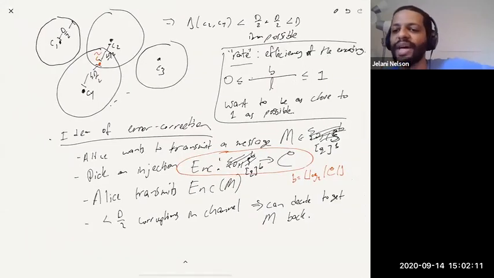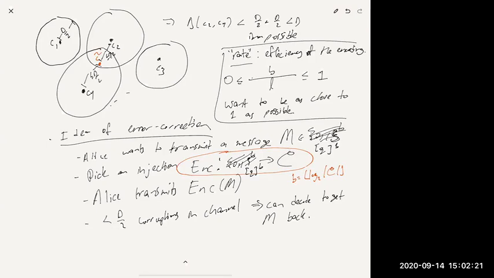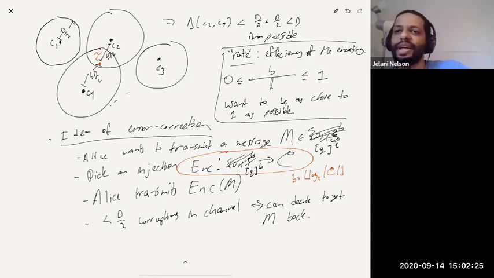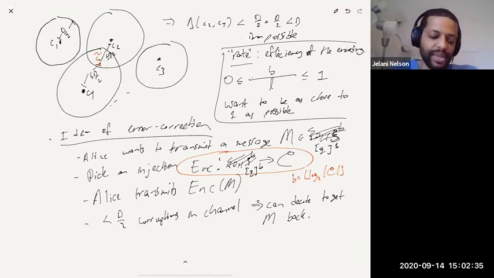The point is I have this collection B_QL of sets of size L, and they're all pretty far apart from each other. So if I take one of them and I corrupt it by deleting a couple elements and adding a couple elements, I can still uniquely recover what the original set was. So that's basically all I'm doing over there.